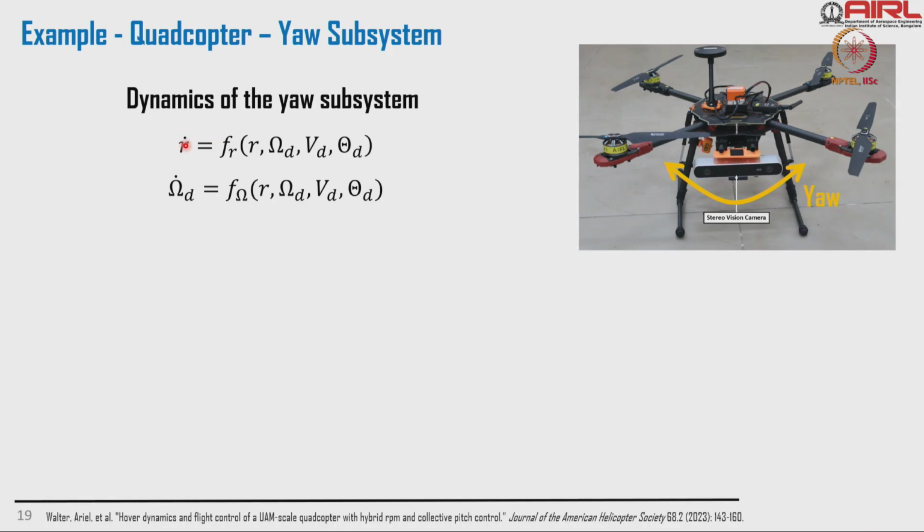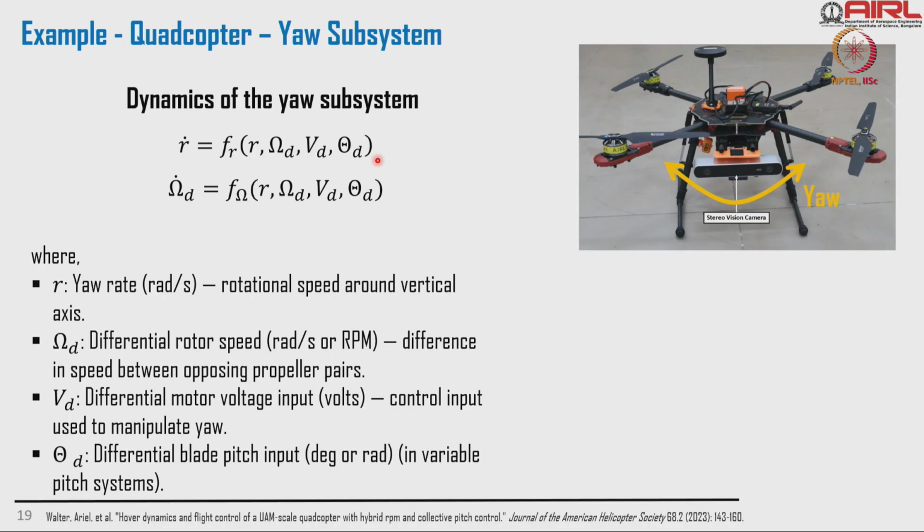What I am interested in is R dot, right, it is the rate, it is again a nonlinear function, it depends on R, omega d, Vd, theta d, and omega d dot is also a function of this, right. What is yaw rate? I am looking at the rate of change of yaw rate, that is a rotational speed around the vertical axis.